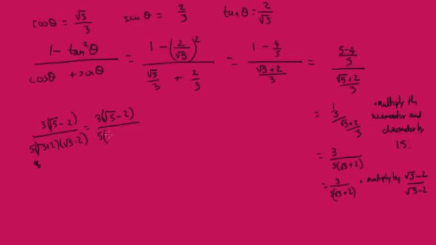Root 5 times root 5 is 5, and then we'll have root 5 times minus 2 root 5 plus 2 root 5, and they'll cancel out. Then you'll have minus 4. So if we work all that out, we have 3 root 5 minus 6 over 5. And that's in the simplest form that we can get that into.